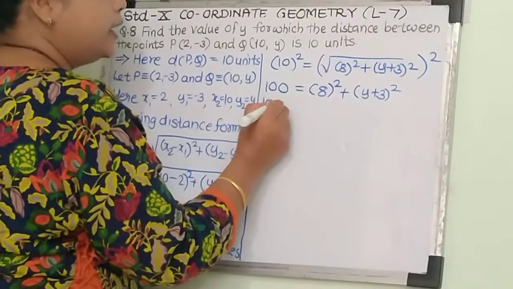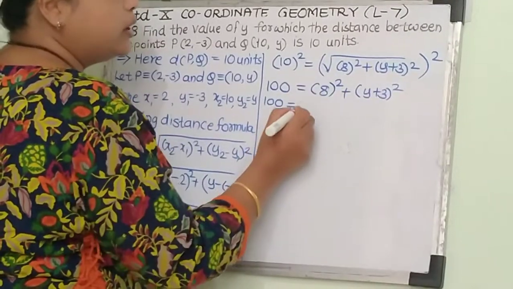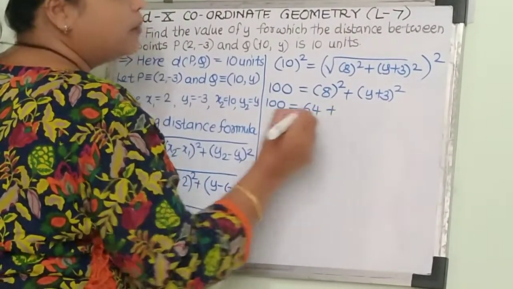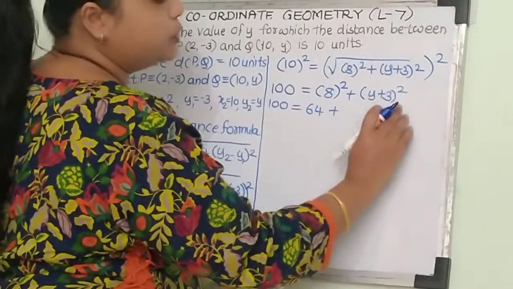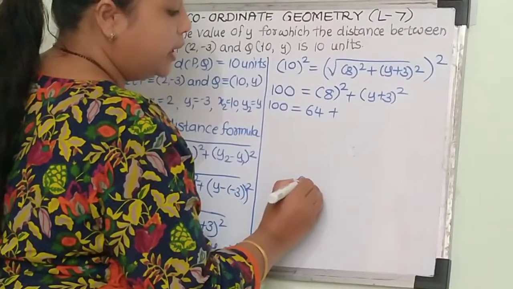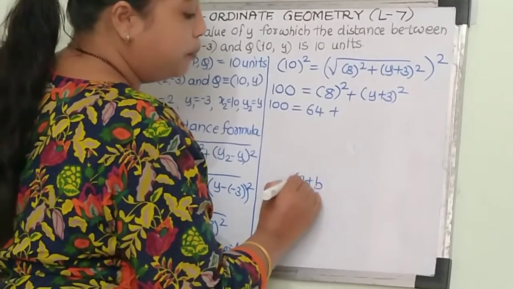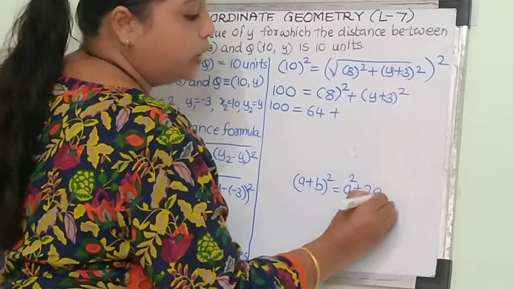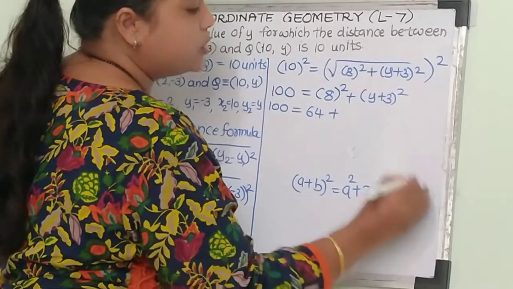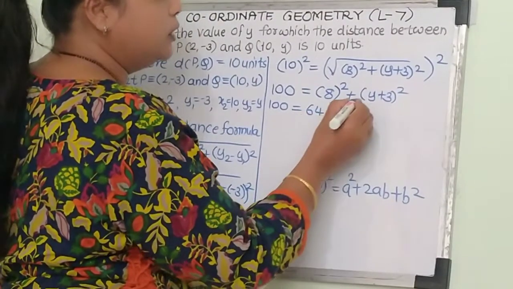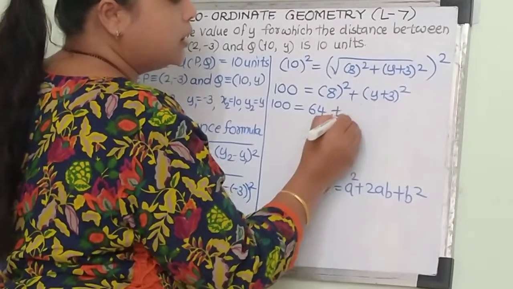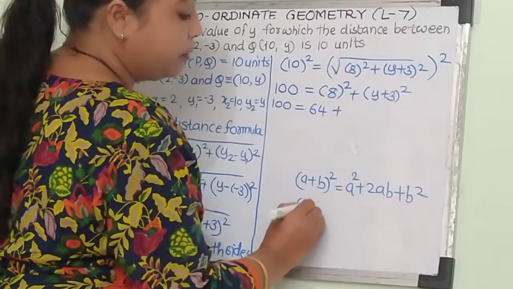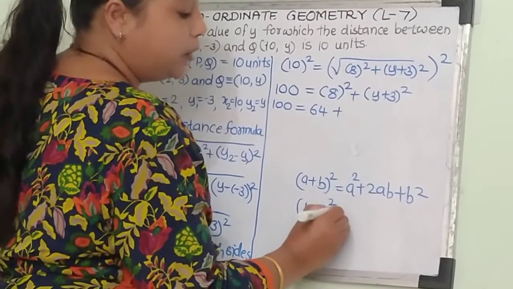So 100 equals 8 square, that is 64, plus, again here we have to use the identity. We know the identity, (a plus b) bracket square equals a square plus 2ab plus b square. So 64, and now this bracket we have, (y plus 3) bracket square.